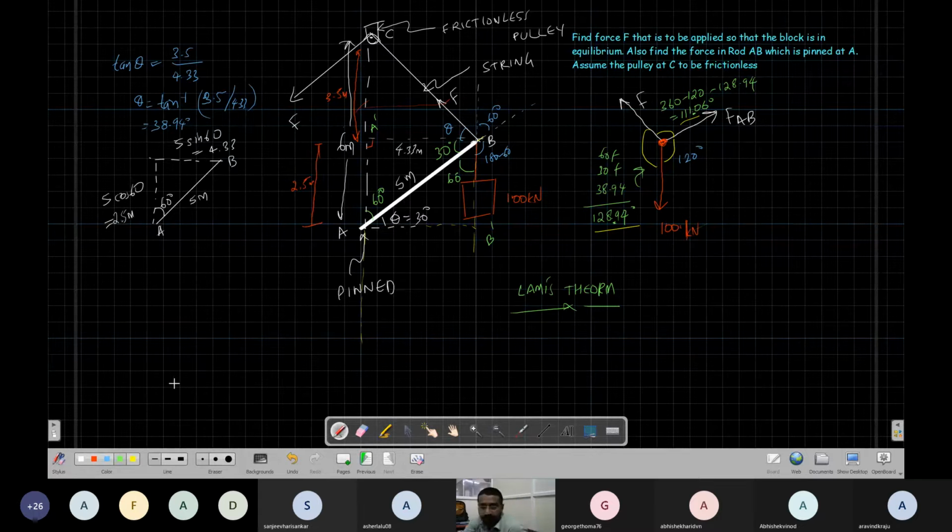So what is Lami's theorem? F upon sine of the opposite angle should be equal to FAB upon sine of the opposite angle, which should be equal to 1000 upon sine of 128.9, the opposite angle.